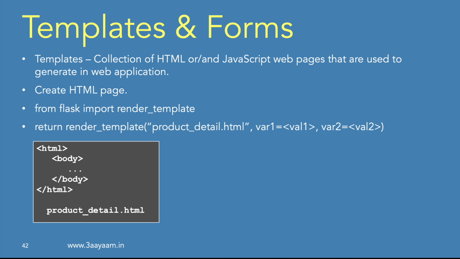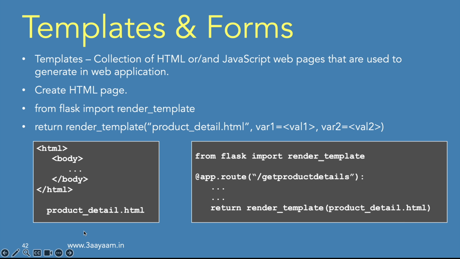Whenever there's a button click or a link click, you click the button, it would call an API which is handled by a Python function that would connect to the database, get the information, and send the result back using this page product_detail.html. While sending the detail, we'll use this render_template method and pass the HTML page along with variables also. So this product_detail.html is actually used to return the web page.